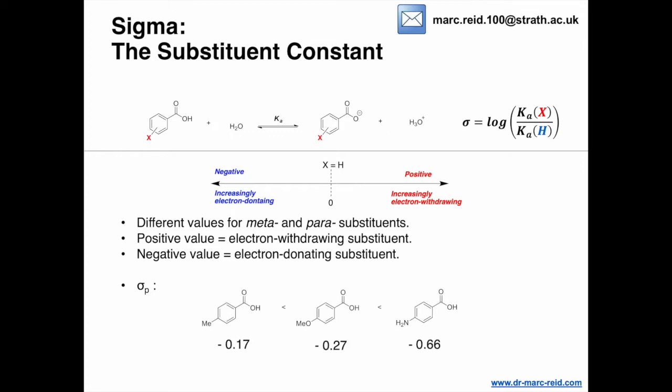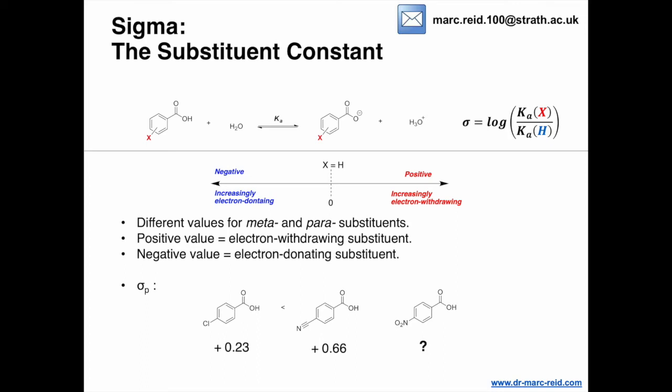By revealing the answer for para-amino as being negative 0.66, we see that this is more negative than both para-methyl and para-methoxy. In turn, we can infer that para-amino is the most electron donating substituent of these three considered.